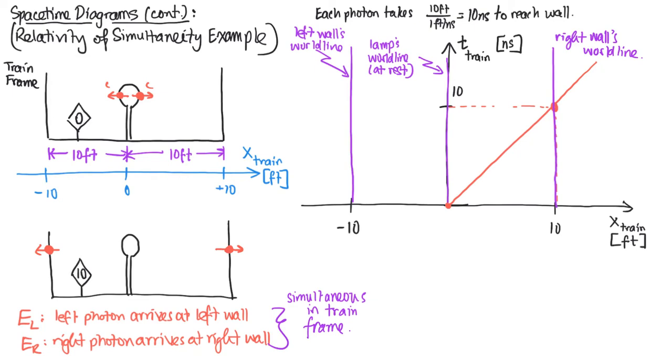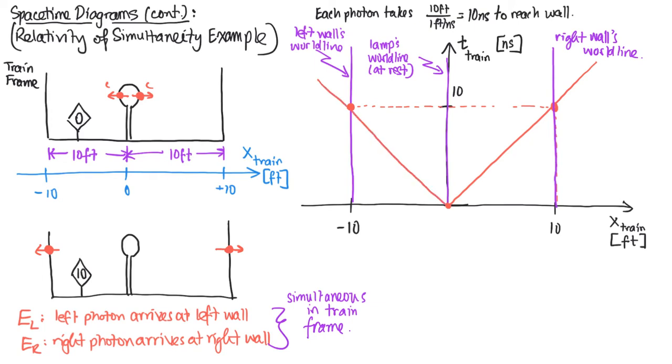The left going photon starts at x equals 0 at time equals 0, and then it ends up at x equals minus 10 nanoseconds later. So we can draw that. It's going to end up at this point, x equals minus 10 at time equals plus 10. So its world line connects these two dots.